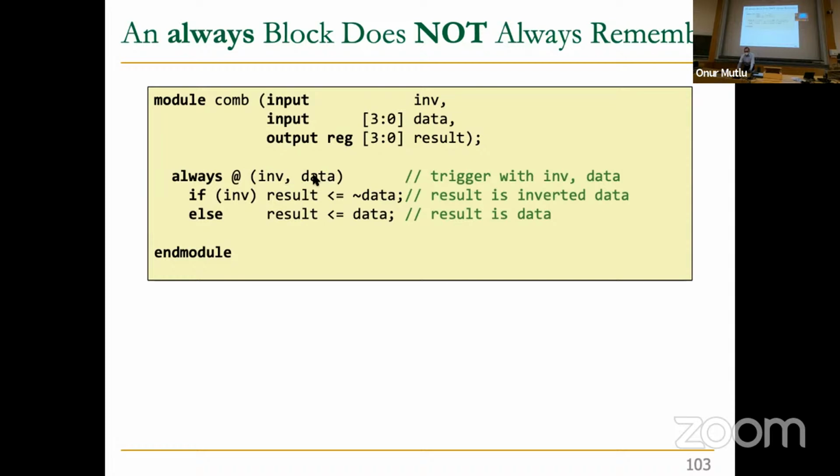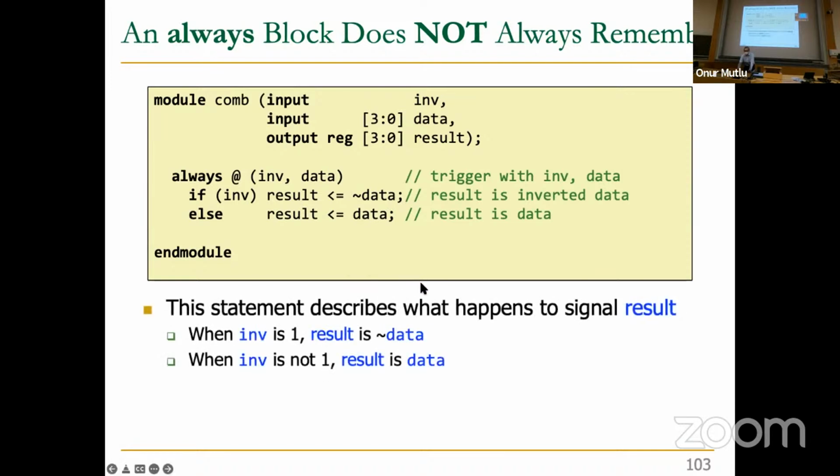We have INV and data. These are the two inputs to the circuit, INV and data, you can see. And whenever INV or data changes, the result gets assigned a value. If INV is true, result gets the inverted data. Otherwise, result gets data.